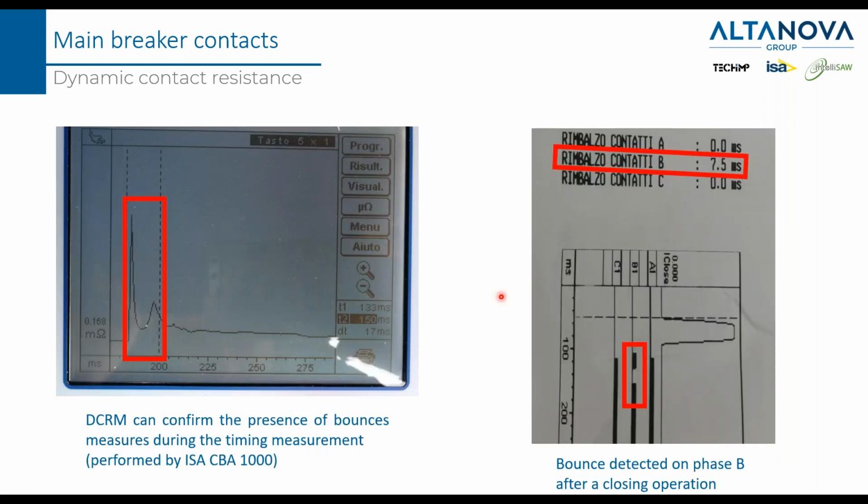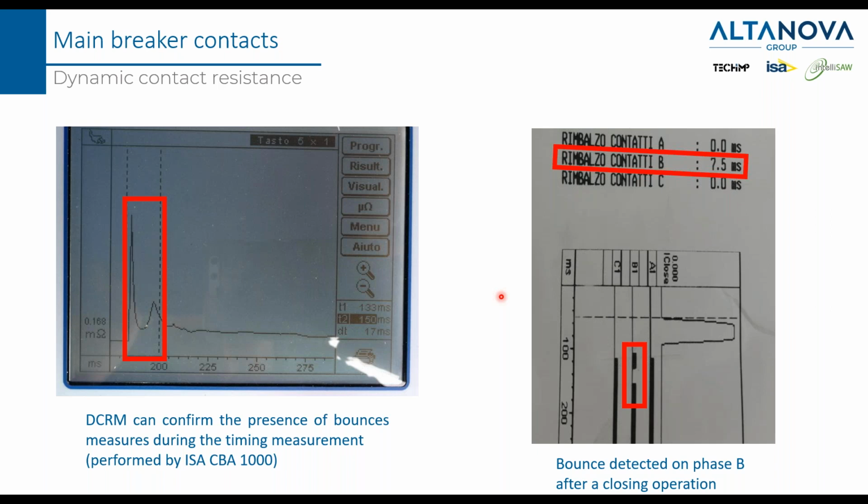This is a measurement that one of my customers shared with me. I went to do a training. I taught them the concept of the dynamic resistance and what information you can get from it.